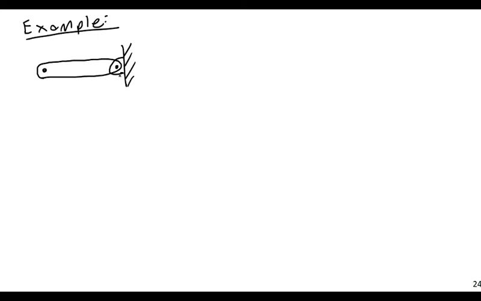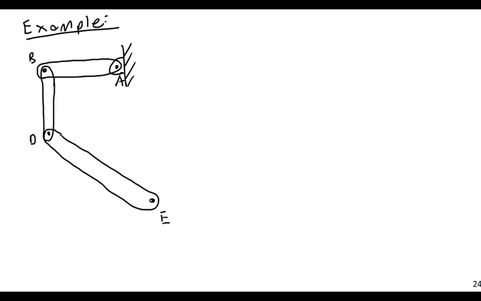This is going to be point A and point B here. And then, let's say we have point D down here, and then a distance down here, we have point E.